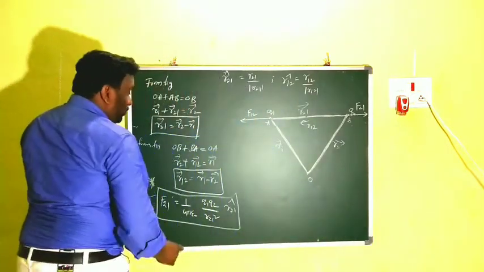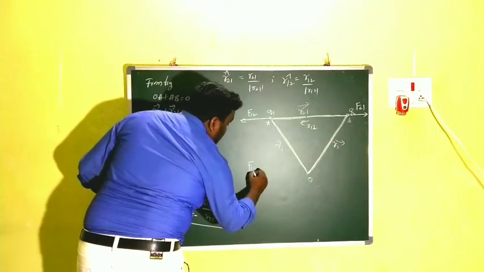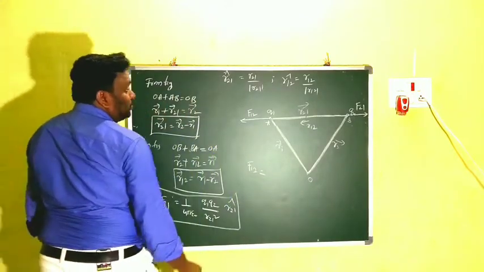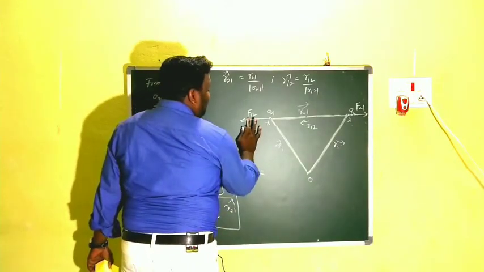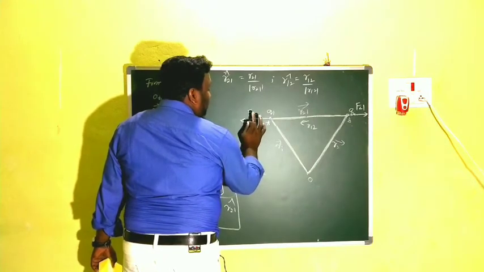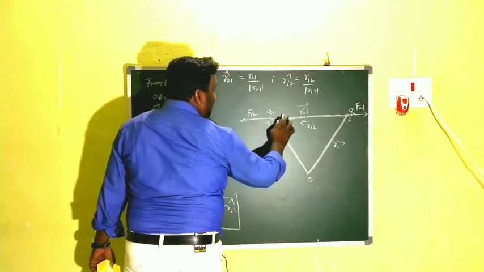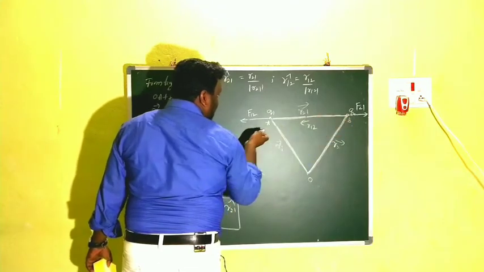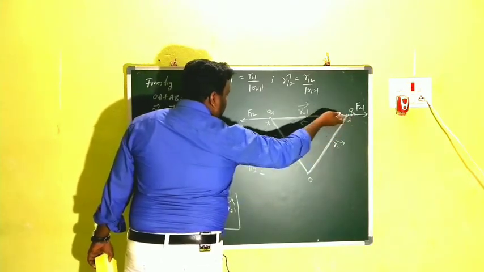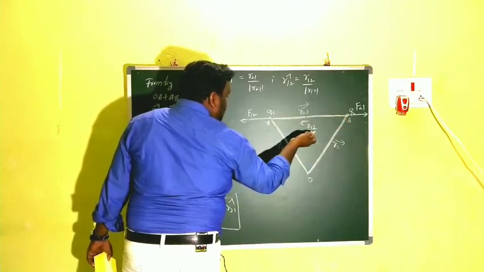Similarly here, what do you write? F12. What is that? Force acting on Q1 by Q2. That means it should be in the other direction.